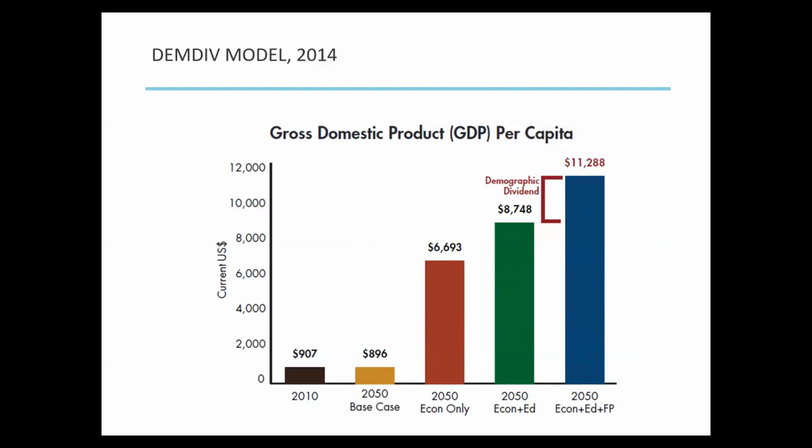And then you can see three scenarios beyond that that look at different changes in economic variables, economics and education, and then finally at the end, a full demographic dividend scenario of adding together changes in economics, education, and family planning. And you can see that marginal increase in GDP per capita in 2050 based on these changes.